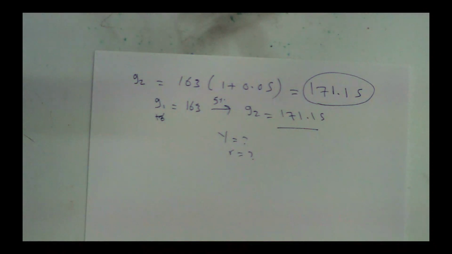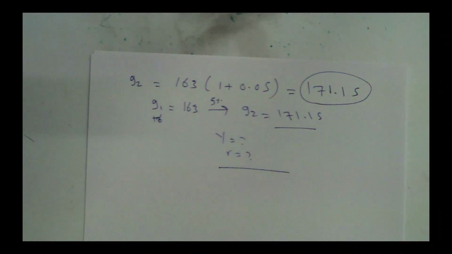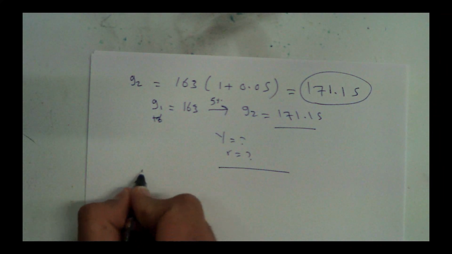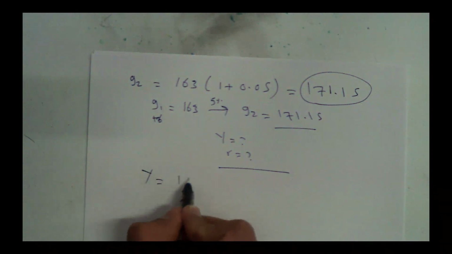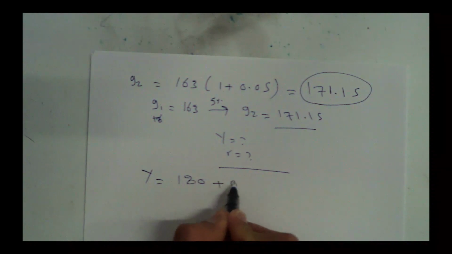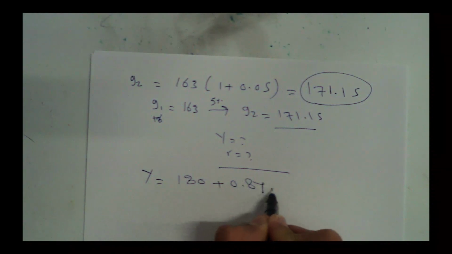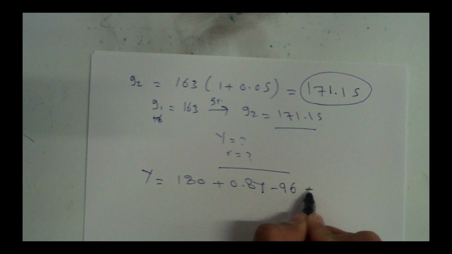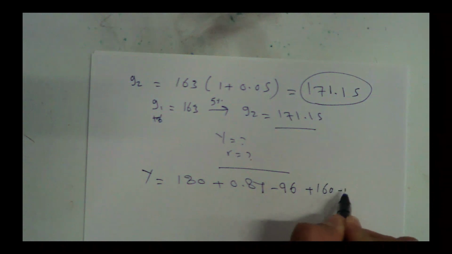So what you need to do now is just follow the same steps. Obviously the LM equilibrium will not change, but this will change the IS or the goods market equilibrium. So what we had before, we had Y equals, I'm just copying everything from before, 0.8 Y minus 96 plus 160 minus 20R.